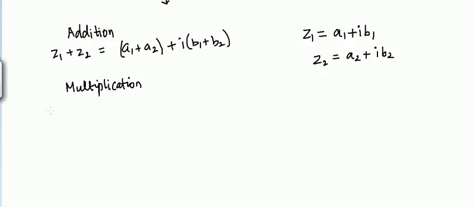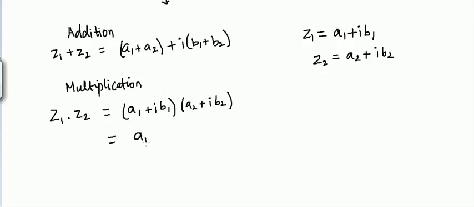What about multiplication? Multiplication is more interesting. Z1 times Z2 is equal to (A1 plus iB1) times (A2 plus iB2). Well, this is nothing but A1A2 plus A1 into iB2 plus iB1 into A2 plus i squared B1B2.